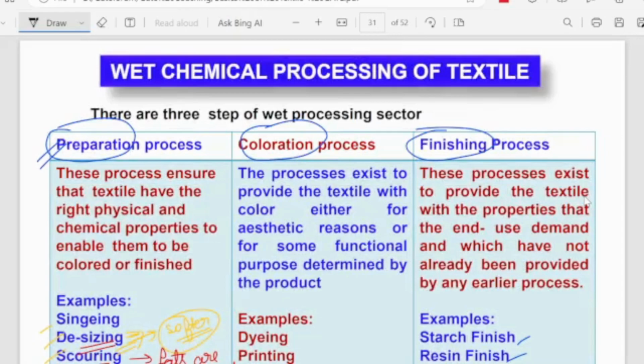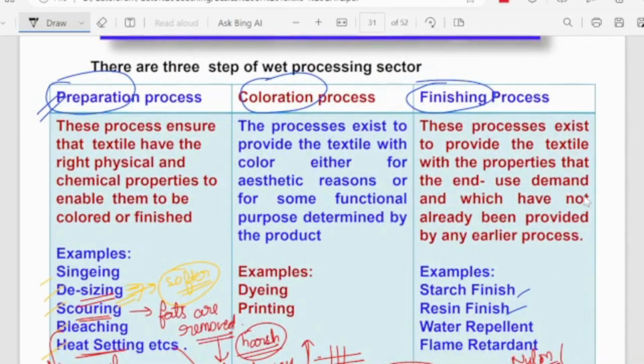Talking further about the wet processing aspects, these are preparation, coloration, and finishing. Preparation means singeing, desizing, scouring, bleaching, mercerization. In singeing, our fabric is now produced, and now we have to do all other chemical treatments. For singeing you remove all the protruding fibers.